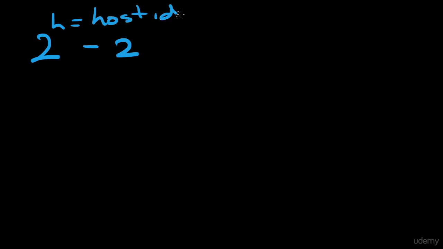Let's recall the formula 2 to the power of h minus 2, where h is the number of host ID bits. This will determine how many IP addresses I get with h host bits.